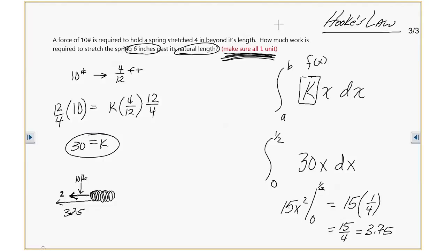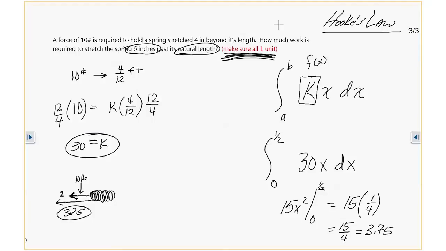Technically, yes, it takes about 3¾ more pounds. That's what it's saying. It's one of those book problems. Yeah, it takes probably around 14 pounds.